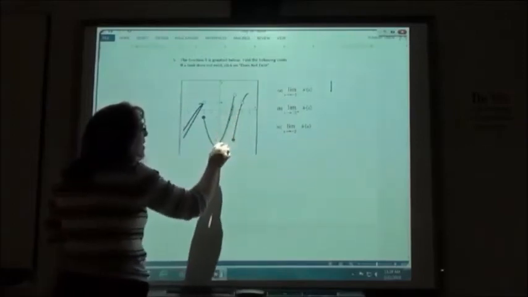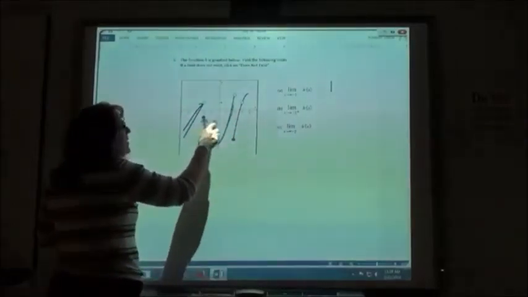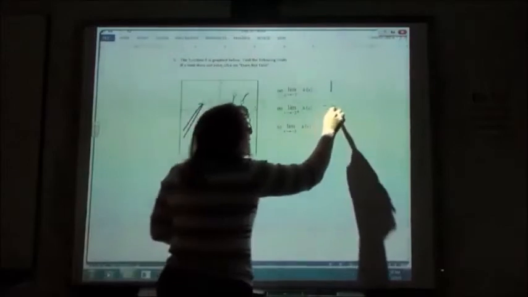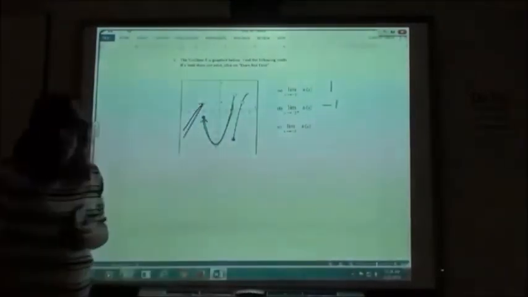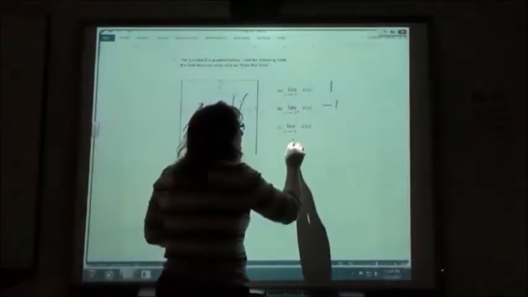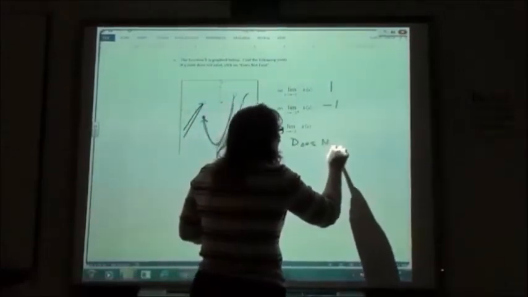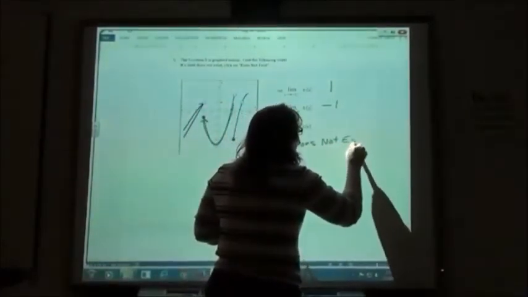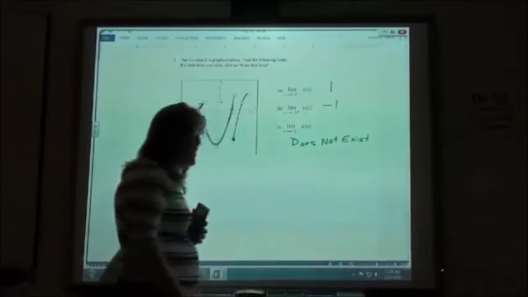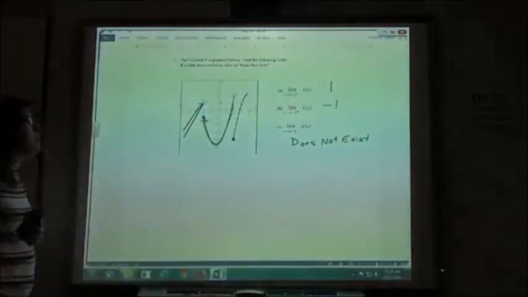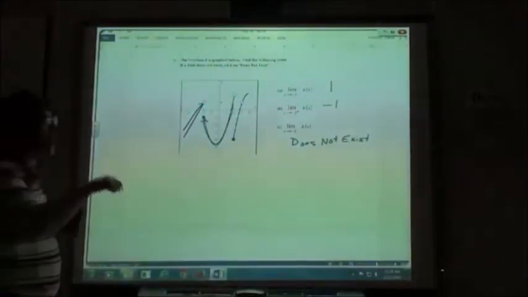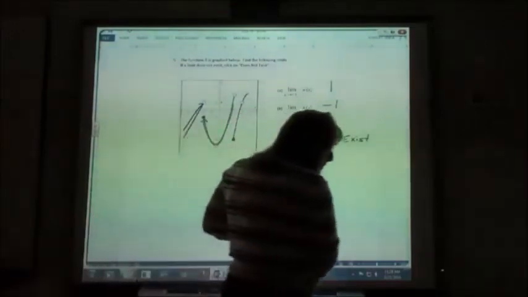If I come from the positive direction, as I go to -2, I'm going to end up at -1. Again, those two numbers are not the same thing, so my limit does not exist as x approaches -2, because I have two different values when I come from the negative direction and when I come from the positive direction.